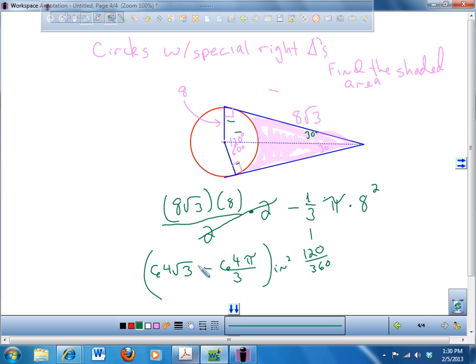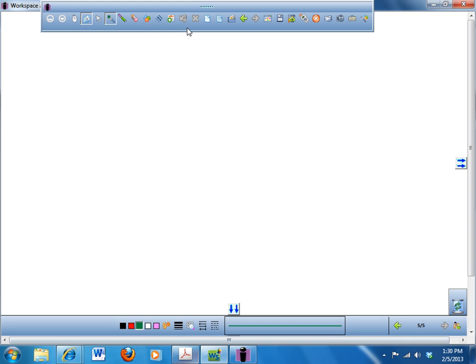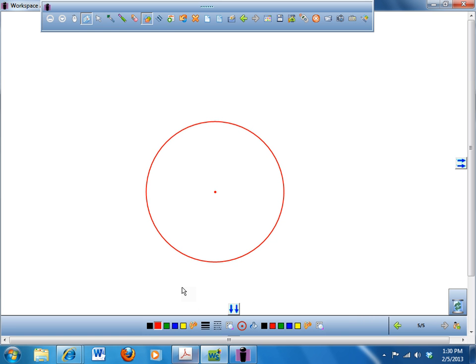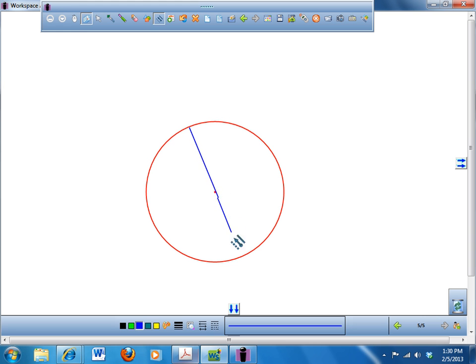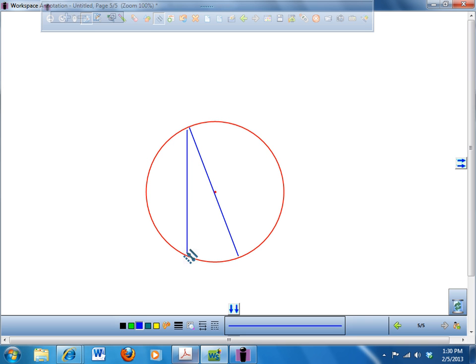Say you have a circle, and then inside the circle you have a triangle, where the hypotenuse of the triangle is actually a diameter. So this goes through the center of the circle.